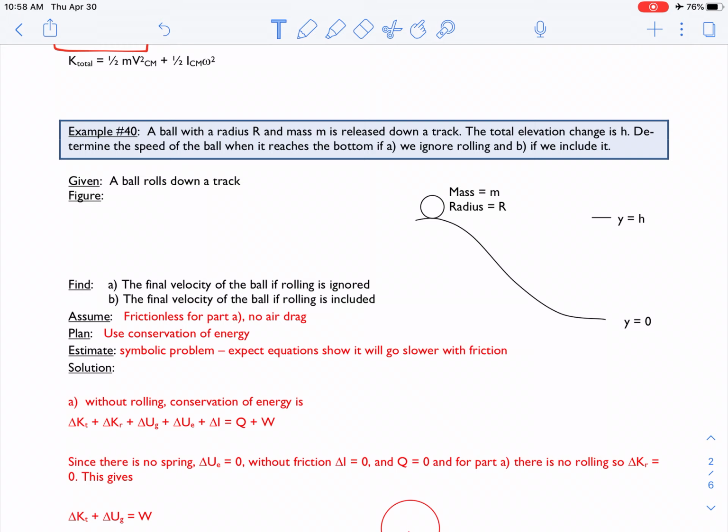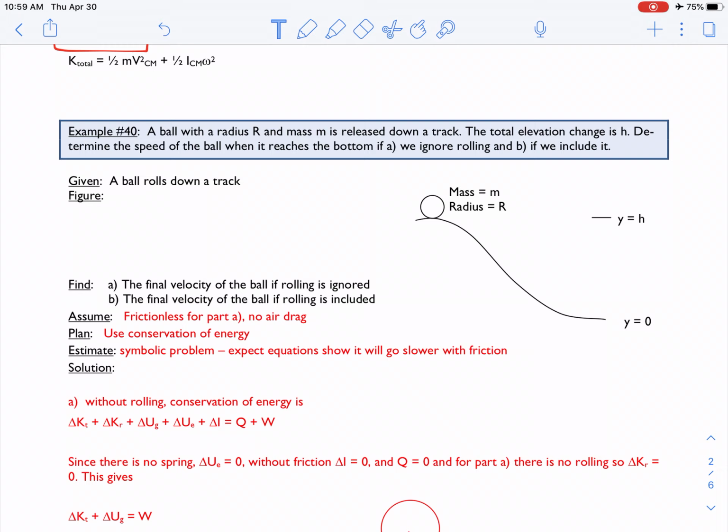So since part A is ignoring rolling and it's just sliding, the potential energy will be just transferred to translational kinetic energy. But in part B, that potential energy will be used for both rotational and translational kinetic energy.